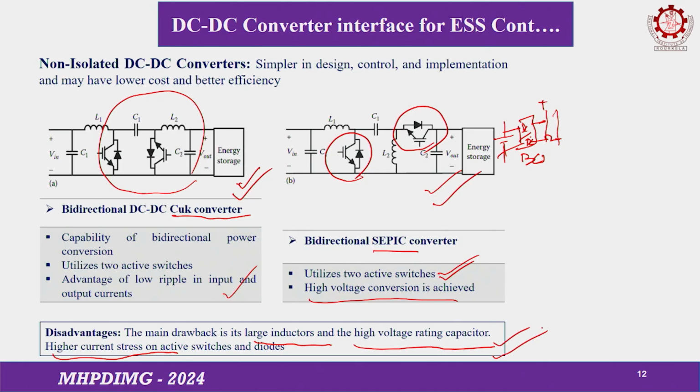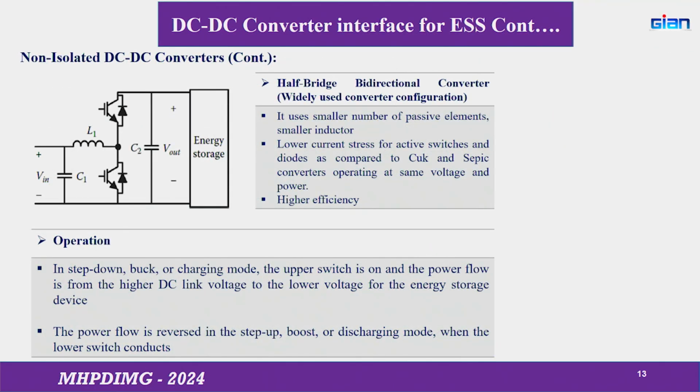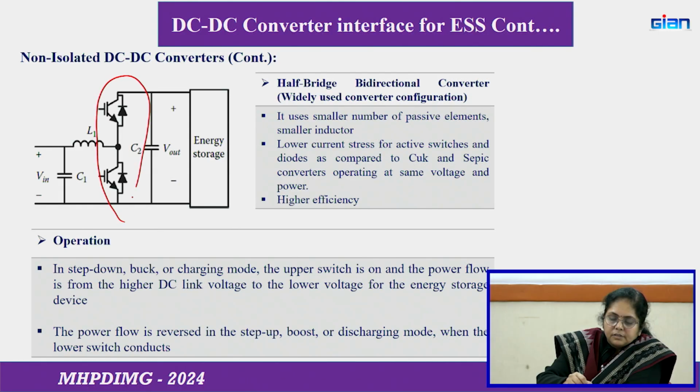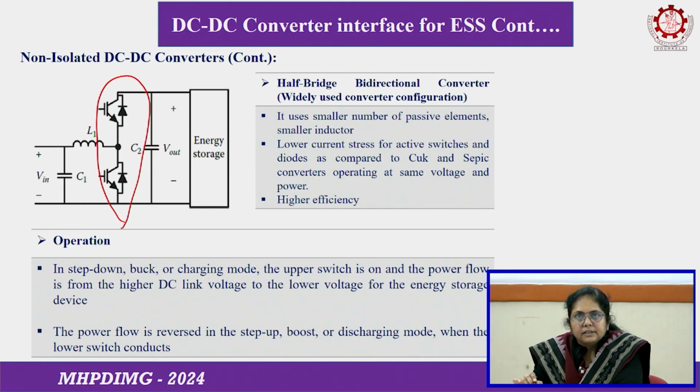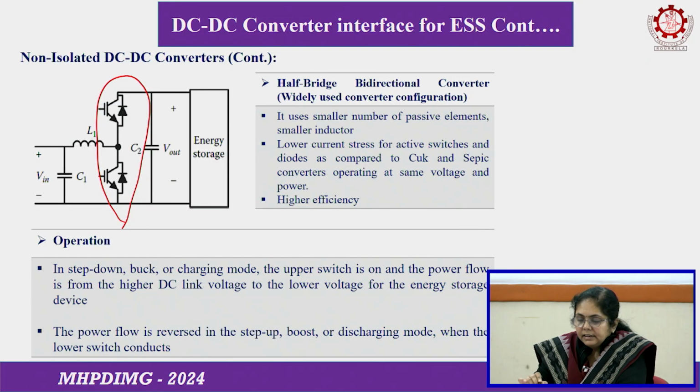The most commonly used and simple configuration is the half bridge topology, which uses a single leg, and the number of passive elements is less compared to the Cuk and SEPIC converters.